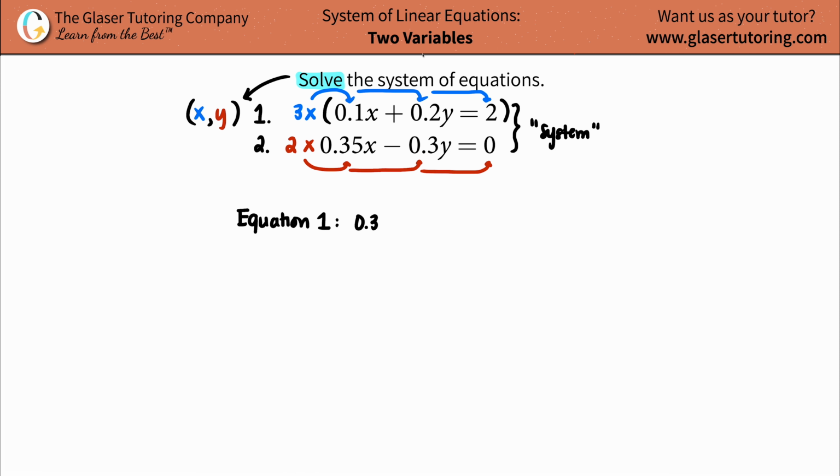So that would be 0.3x plus 0.2 times 3. 2 times 3 is 6. I move the decimal over 1, so that would be 0.6y. And then 3 times 2 is 6. Done for that. Equation 2.